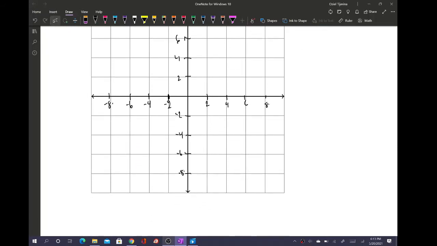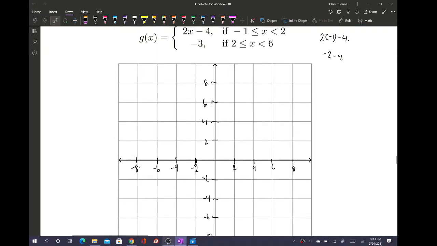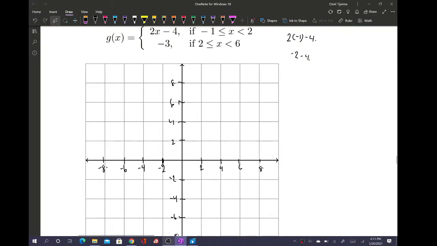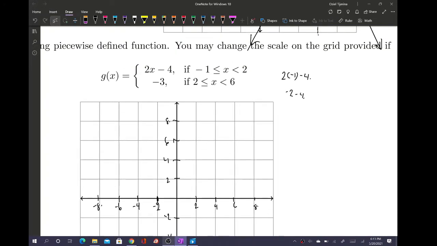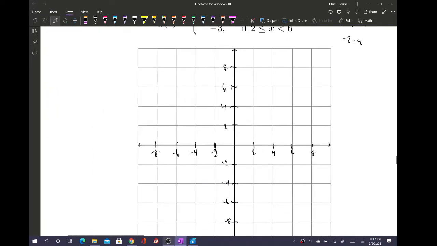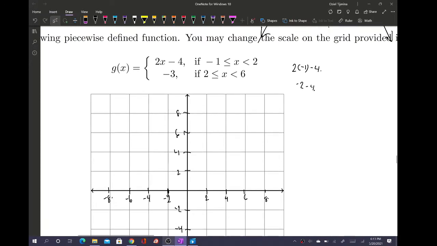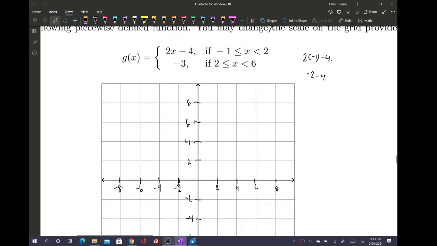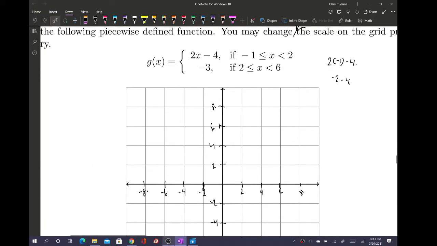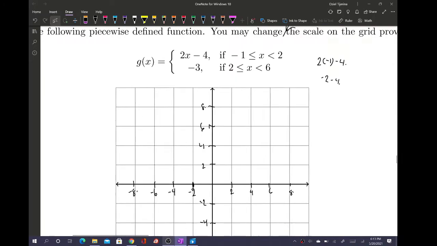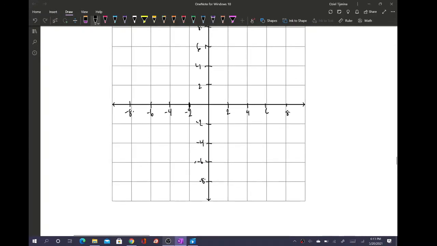Okay. And so basically, when I do -1, for example, I come up with -6, right? So it would be like right here.